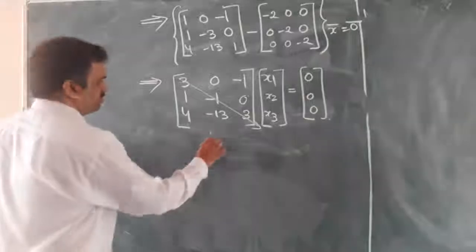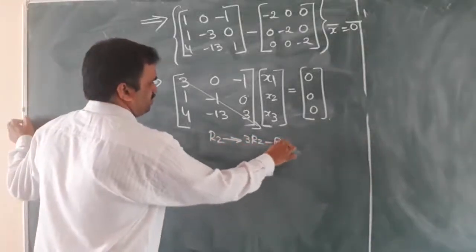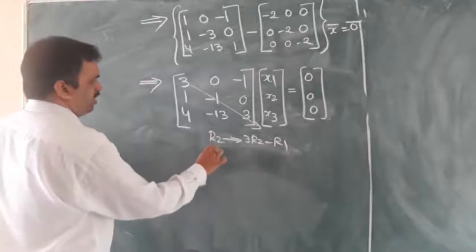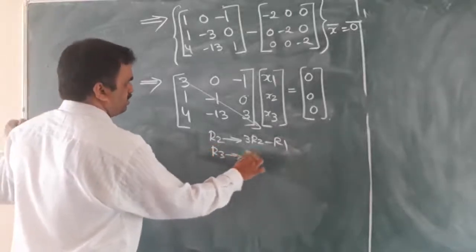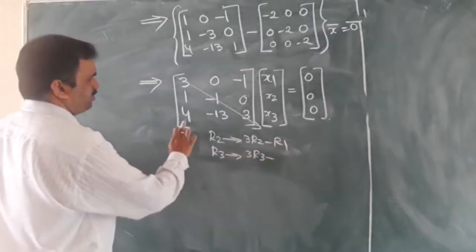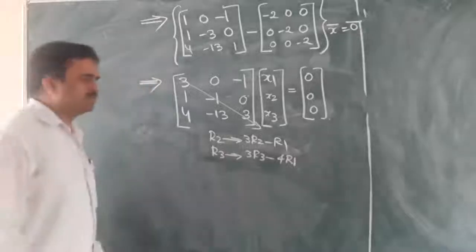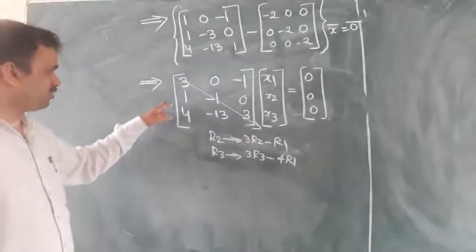R2 implies 3R2 minus R1. Similarly, R3 implies 3R3 minus 4 times R1. Now see the row operation. This position I have to make it 0.